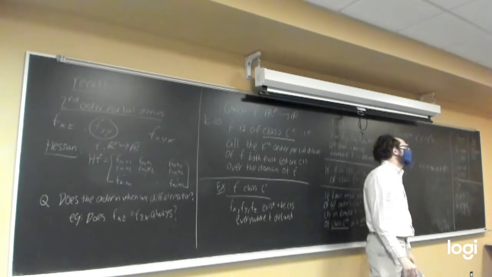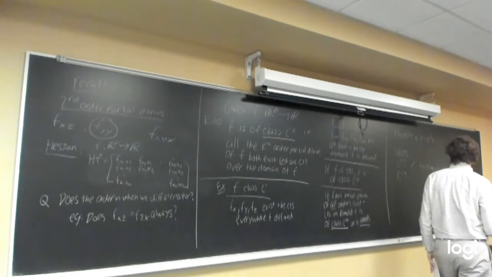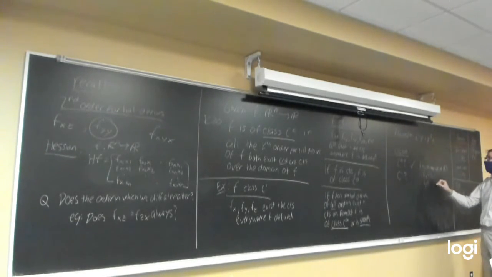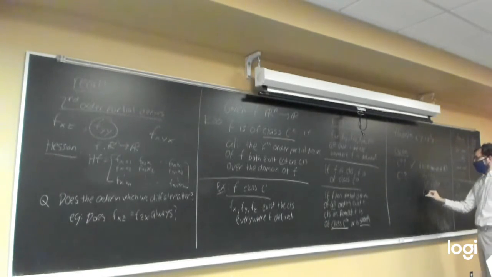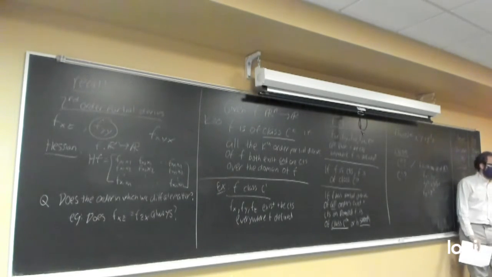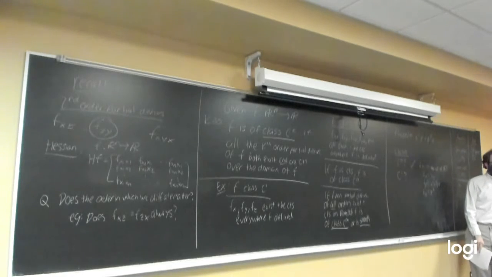How about C1? Well, we had our first order partial derivatives: f sub x is 2xy, f sub y is x squared plus 2yz, and f sub z, which is just y squared. If f is of class C1, that's equivalent to saying these three functions are both going to be defined and continuous over all of R3. These three polynomials.